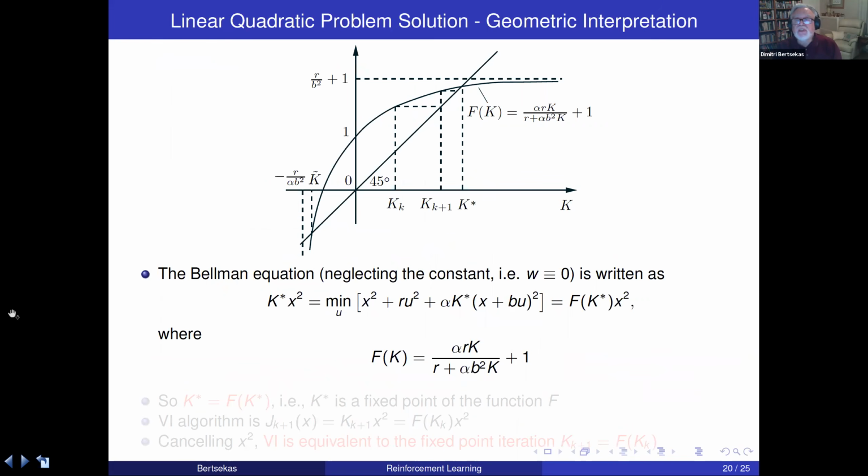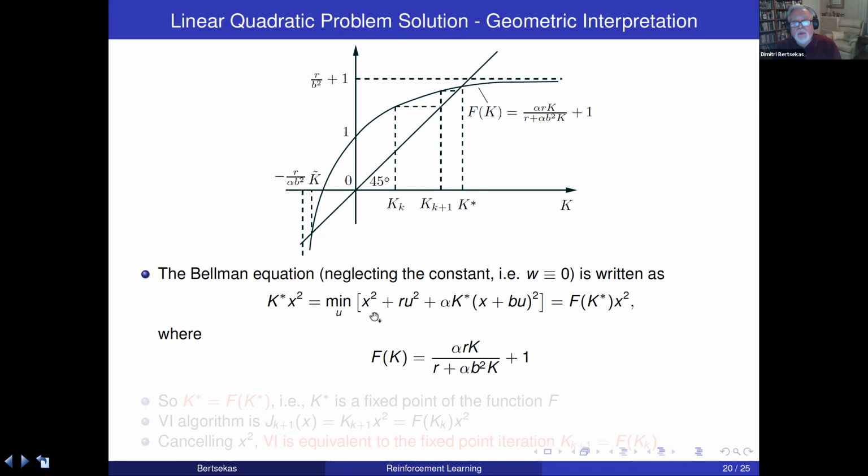Okay, so here's the visualization of what's going on with this linear quadratic problem. Remember Bellman's equation, neglecting the constant or equivalently assuming that the disturbance is 0. The Bellman equation is written like so.